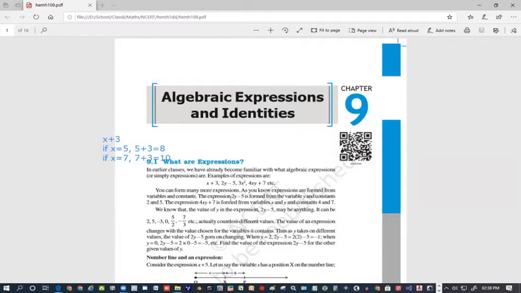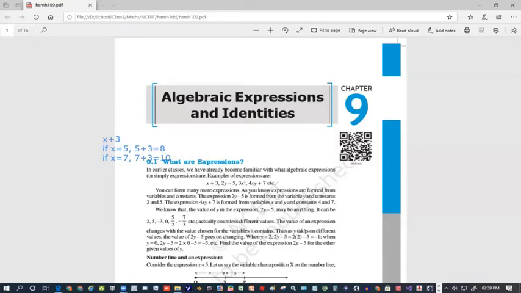Whatever values you put for x and y and z, the value of the expression will also change. In our example there is only one variable, so the value of the variable decides the value of the expression.